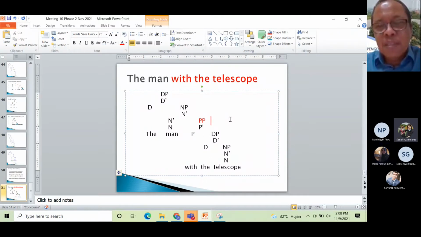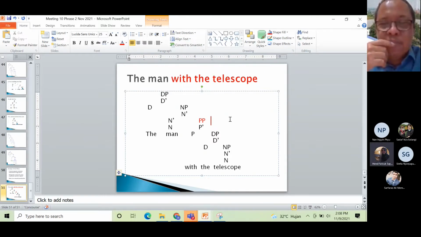What is the sister node of the adjunct? You know the sister node? The left side of adjunct.